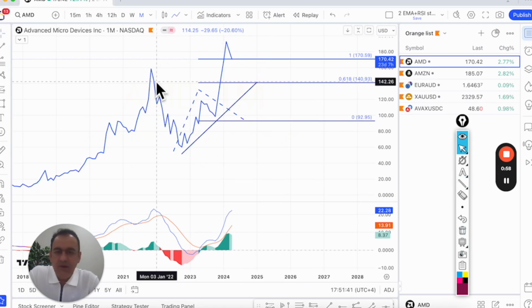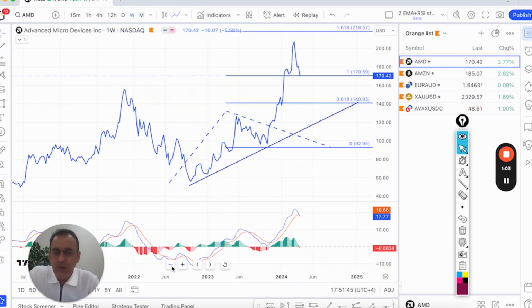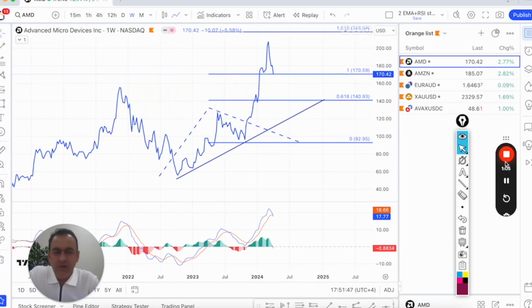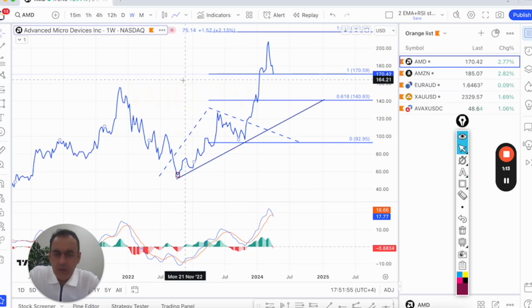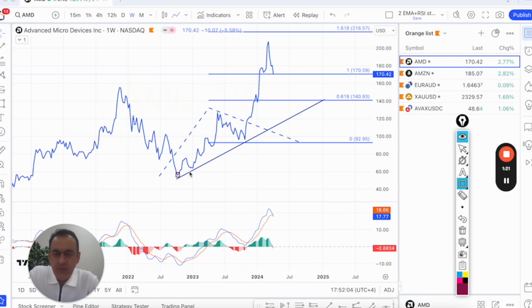Coming down to the weekly chart. Now this time I've taken into consideration the bull run started from this low. So based on the low, it was formed in October 2022. Now from this low point, if you notice, we have a sequence of higher low, higher low, higher low, and higher low.